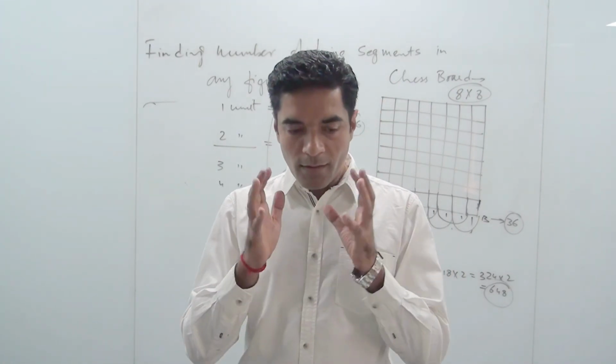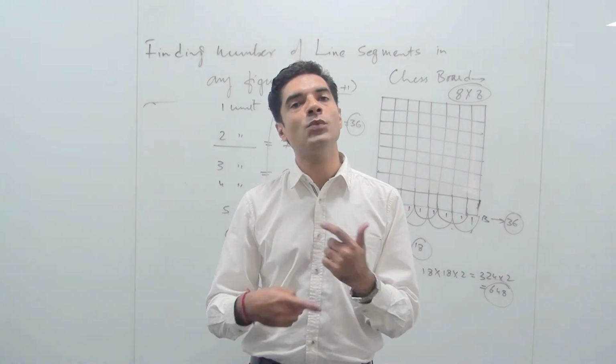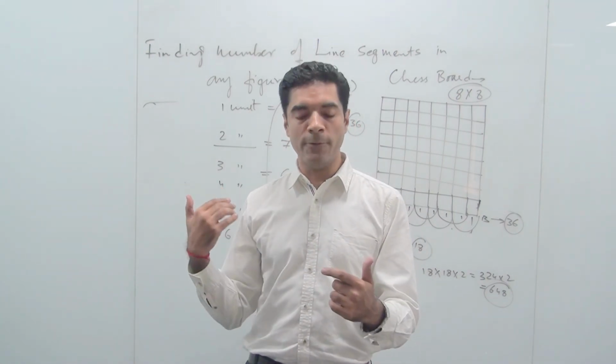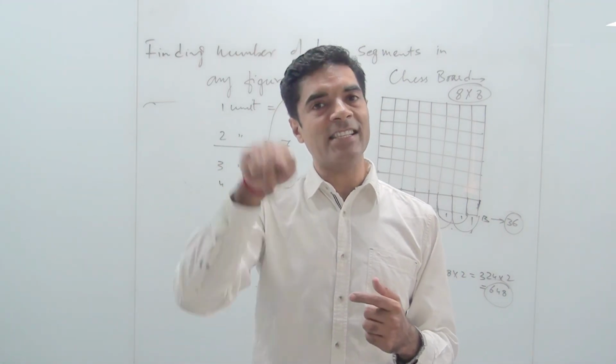Now you have to end up doing these kinds of questions with very little use of pen and paper. This is simply here to explain to you. So let's say the question would have been finding the number of line segments in a 6 by 6 grid.